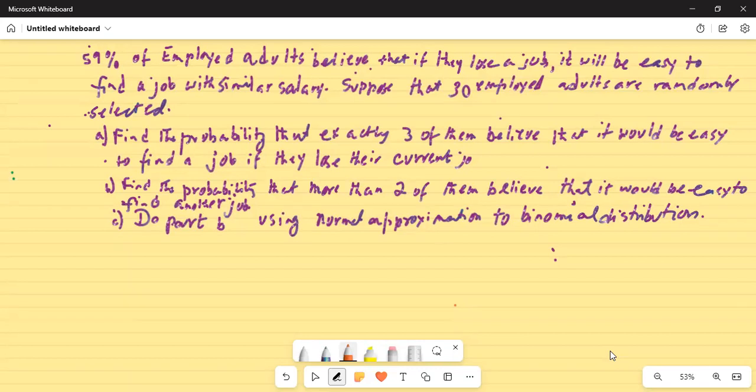59% of employed adults believe that if they lose a job, it will be easy to find a job with similar salary. Suppose that 30 employed adults are randomly selected. Find the probability that exactly 3 of them believe that it would be easy to find a job if they lose their current job.